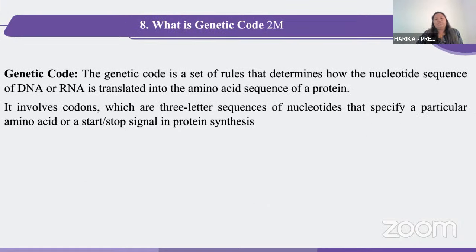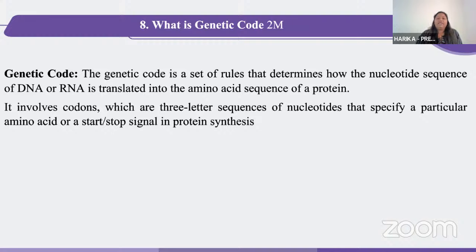Next question, what is genetic code? The genetic code is like this: if we are doing some work or playing any game, there are rules and regulations, right?